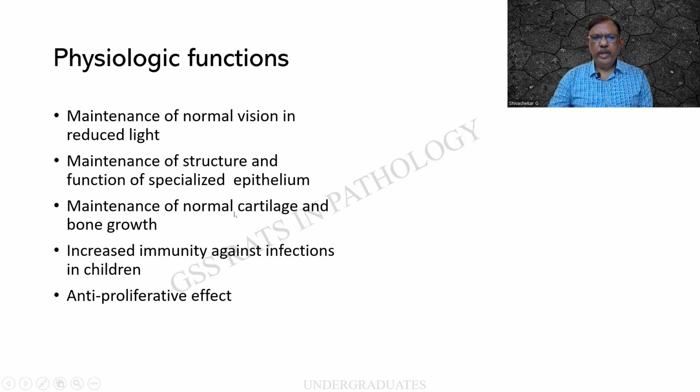The maintenance of normal cartilage and bone growth. 4. Increase in immunity against infections. And finally, an anti-proliferative effect. People say that it can be given against metaplasia or abnormal proliferation of cells. So this particular list we can have in mind.